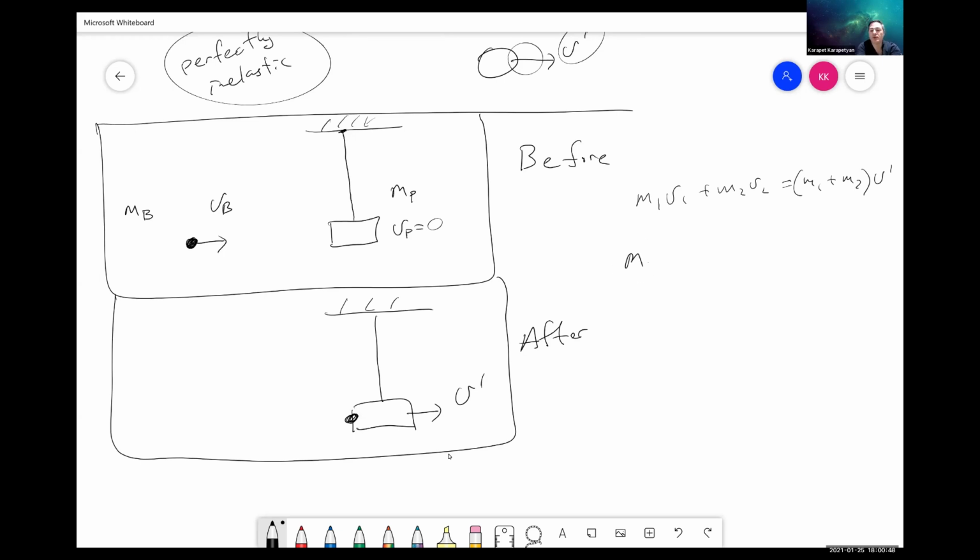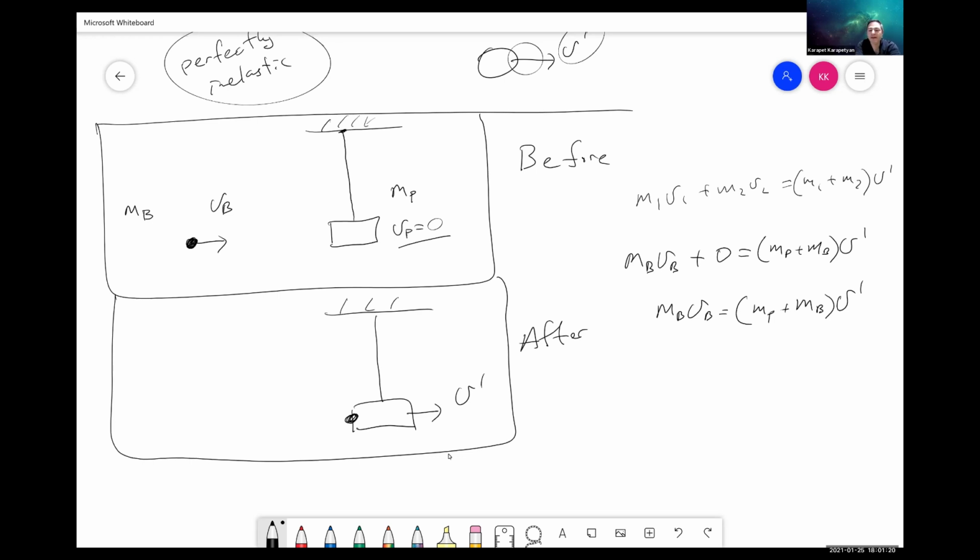My object 1 is the bullet, so m bullet times v bullet, plus my object 2 is the pendulum, and it has no initial velocity, so it's 0. It has no initial momentum. And this equals the mass of the pendulum plus the mass of the bullet, times v prime. That means mb vb equals mp plus mb v prime.